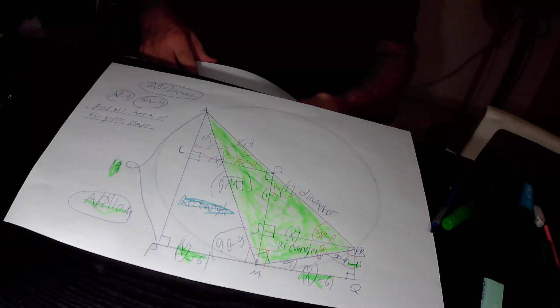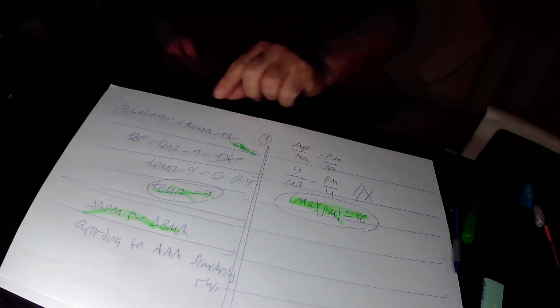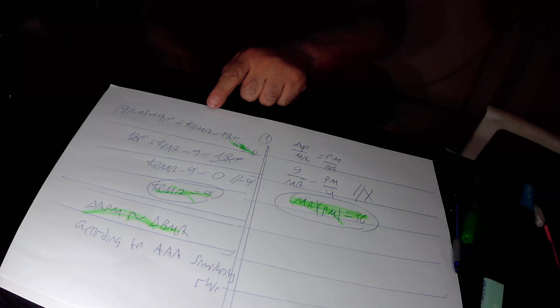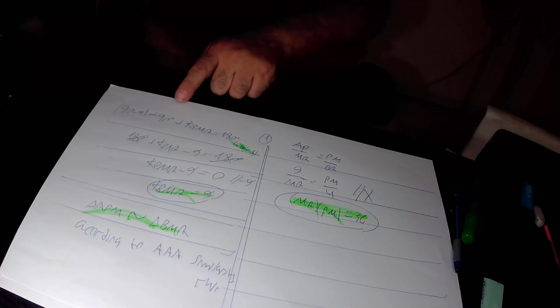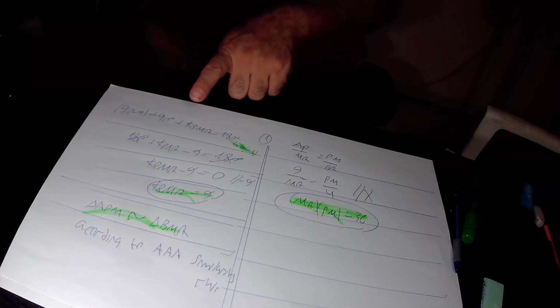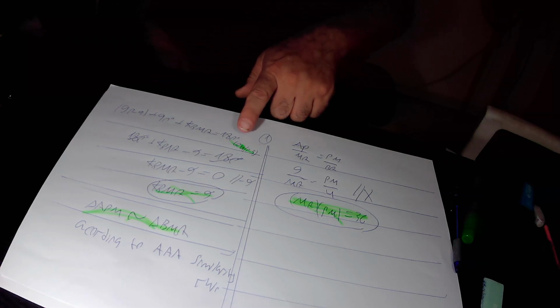Repeat again, we should follow that 90 degrees minus alpha plus 90 degrees plus the missing angle BMQ must be equal to 180 degrees according to rule 3. 90 degrees plus 90 degrees is 180 degrees, plus the missing angle BMQ minus alpha, in total must be equal to 180 degrees.